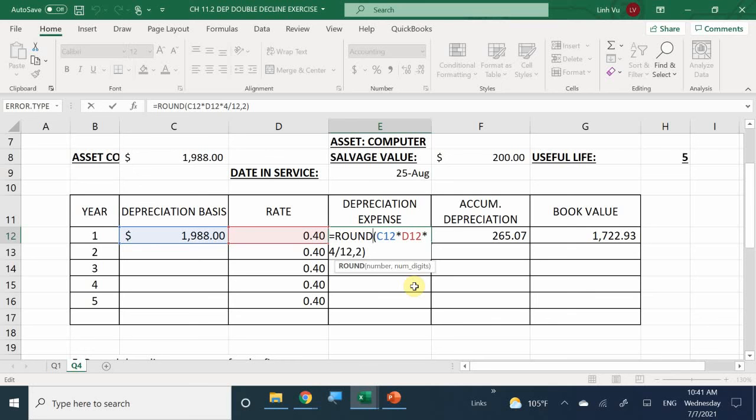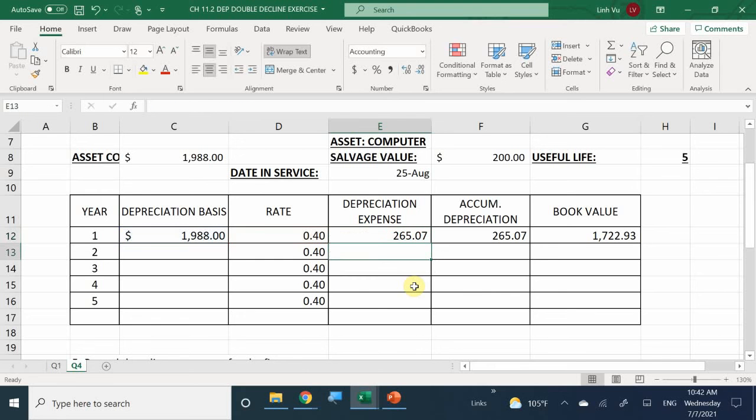Or you could take the 795.20, multiply it by 4 and divide by 12, or divide the whole thing by 12 because that's how much it is for the month, and then multiply it by 4. You're going to get the same answer. So it is 265.07.